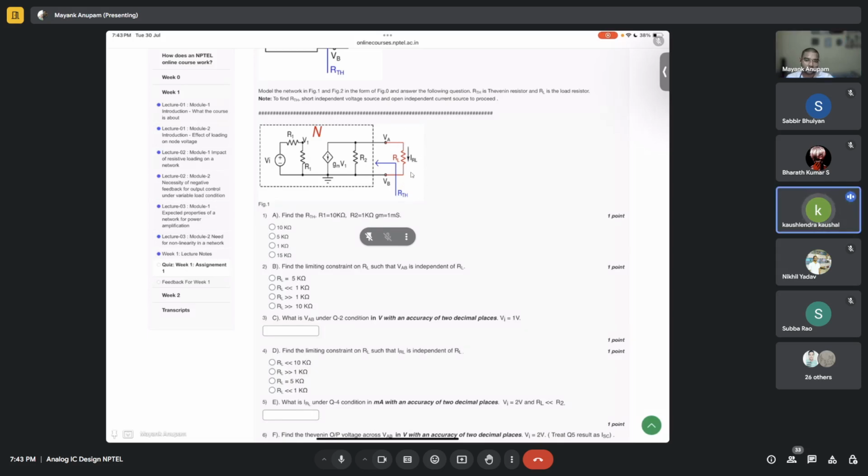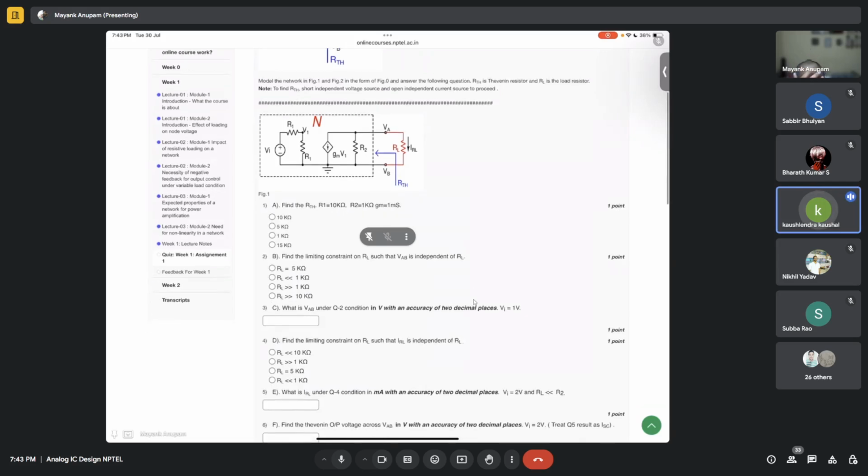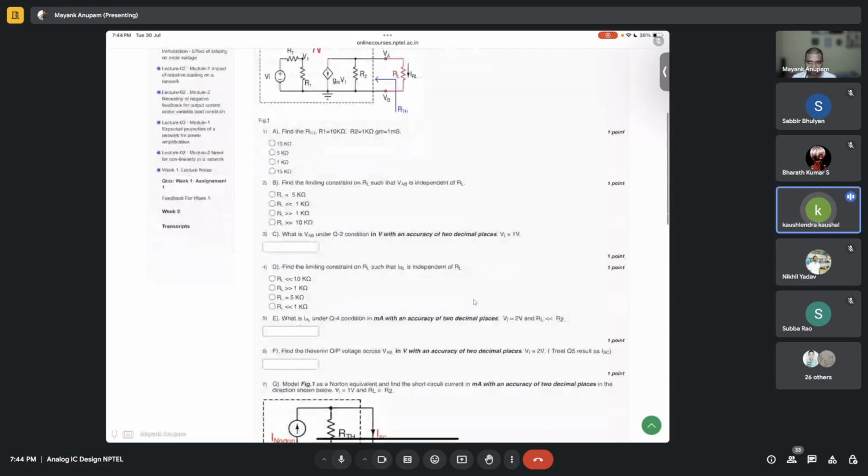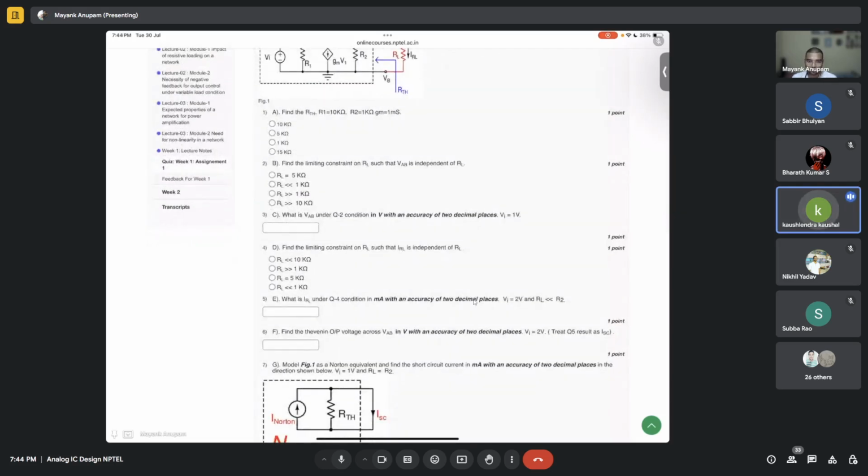If you see question number two, RL is already considered much greater than R Thevenin, so the effect of RL is going to be neglected, and in that condition it is actually V Thevenin. Then question number five is going to be the same when it is very less.